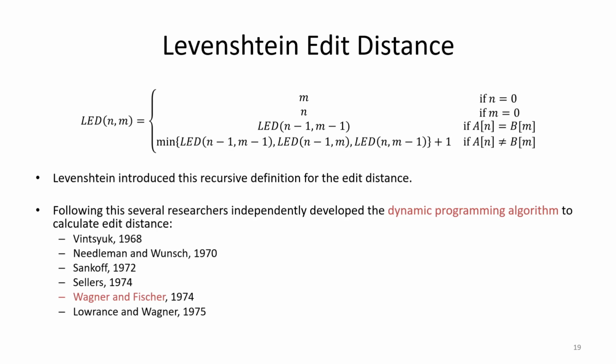And most of these researchers, I don't know the history, I'm just speculating here, most of them probably needed to calculate the edit distance for two strings for purposes of their research. Maybe they were in genetics, maybe they were in one of these other fields. And because they needed to do it automatically, not by hand, or maybe for long strings that would take longer, they needed a more efficient algorithm than just recursively or by hand. And so they applied dynamic programming, and they came up with this algorithm, the one that we just came up with together.